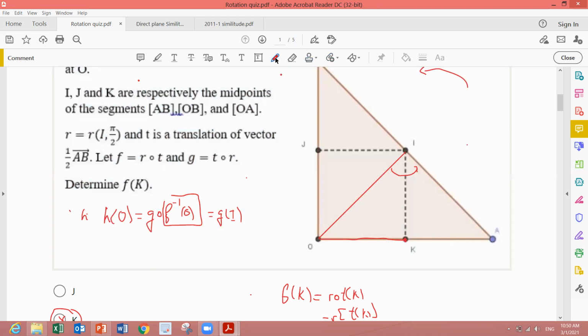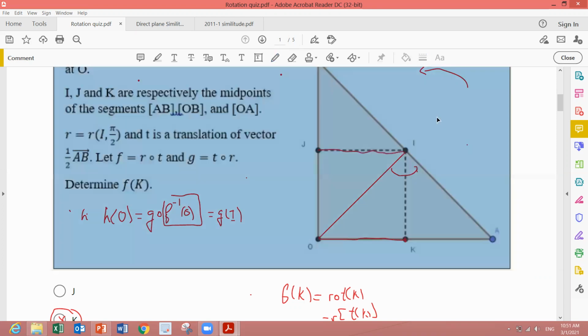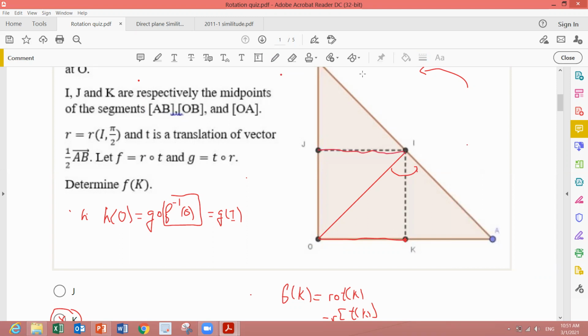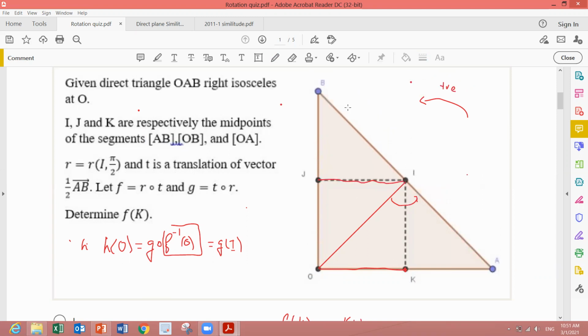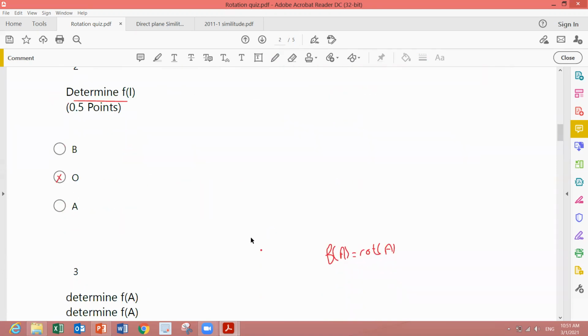I have to rotate. I have to find the angle. Which point gives angle J equal pi over 2? JI or JB. JB is minus pi over 2. We get B, therefore. The correct answer is B.